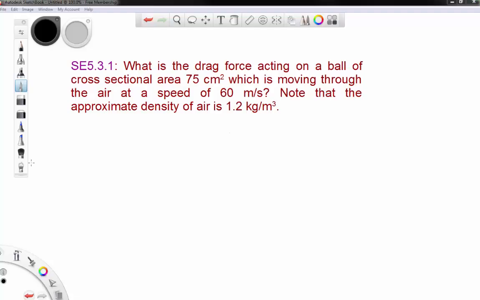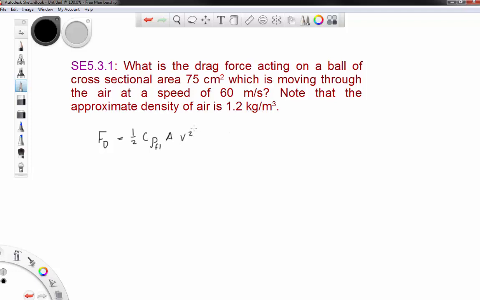All right, so this drag force, since we're using some ball and it's got some cross-sectional area like this, moving through a low-density fluid, we're basically looking at that the drag force should be 1/2 times c times rho of the fluid times the cross-sectional area times the speed squared.